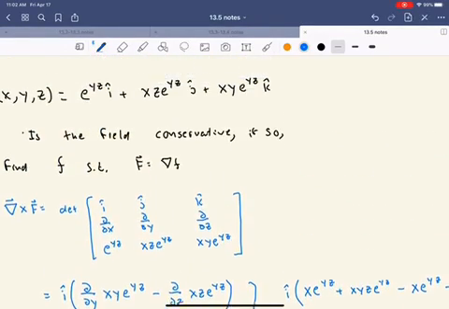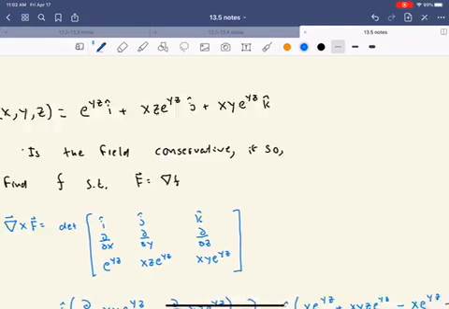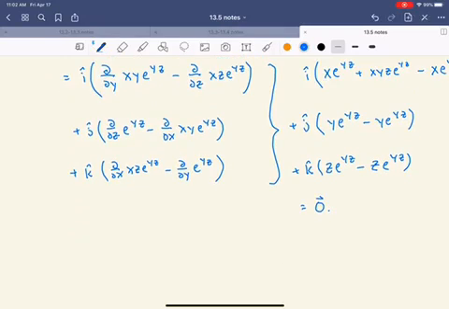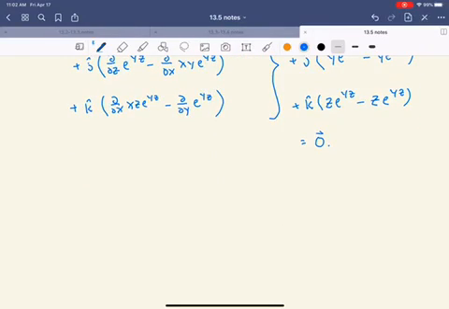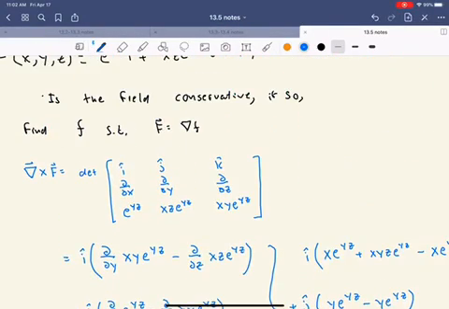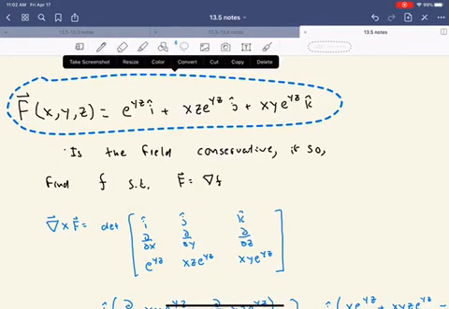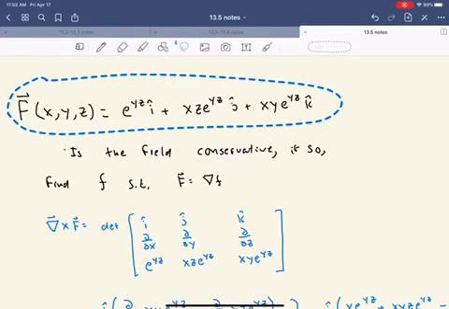So, let's rewrite it. Okay. I don't think copy and paste ever works on this. Let's try. Copy.